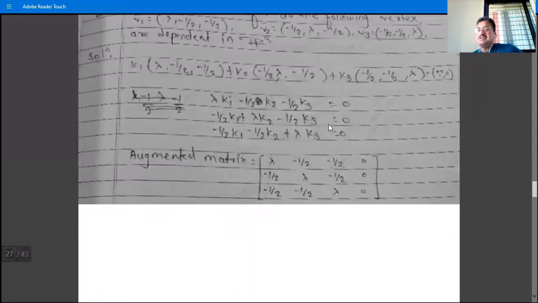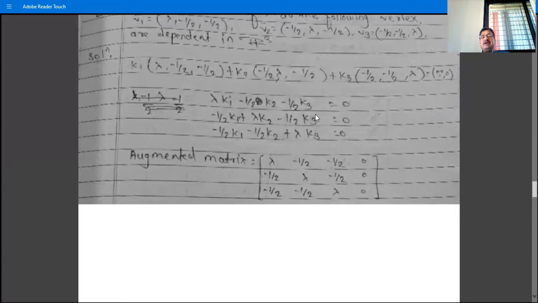And this homogeneous system has a non-trivial solution when the rank of A is equal to the rank of AB and is strictly less than the number of unknowns, and the number of unknowns is 3.